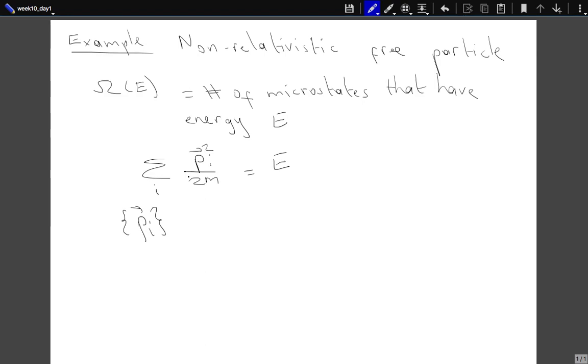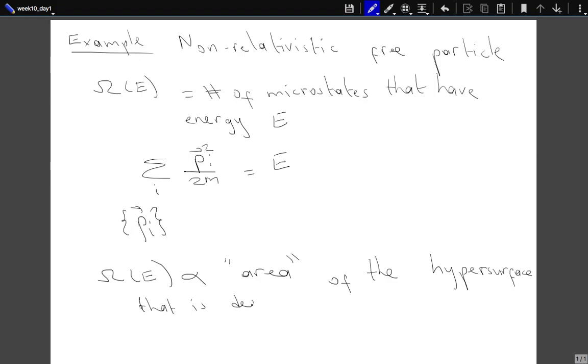But you can convince yourself that the number of states should be proportional to the area of the hypersurface that is defined by that condition.